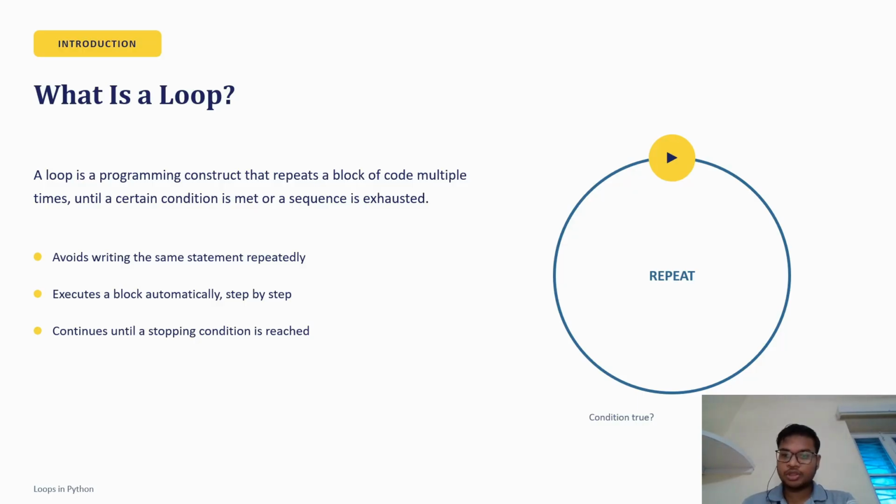A loop means just think about repetition, and when the condition becomes true, the code will stop at that point. Okay. This is all about the loop. I hope you clearly understand what a loop is, and let's move forward.